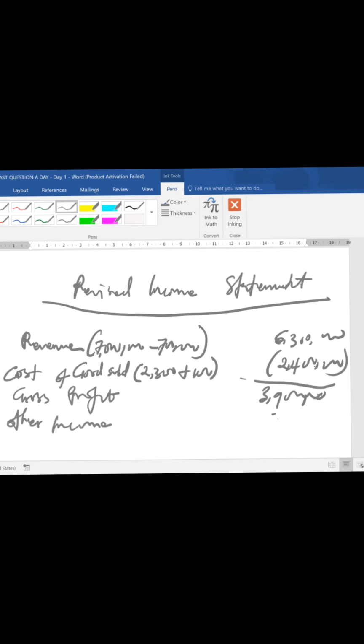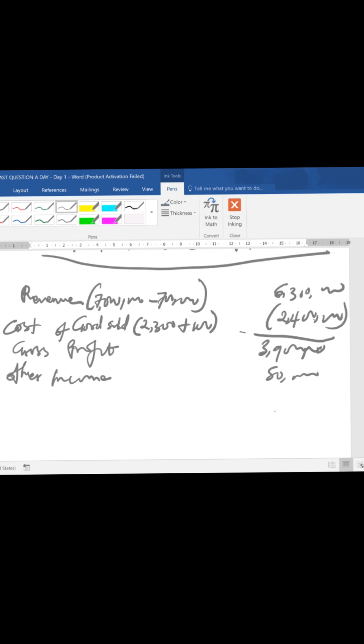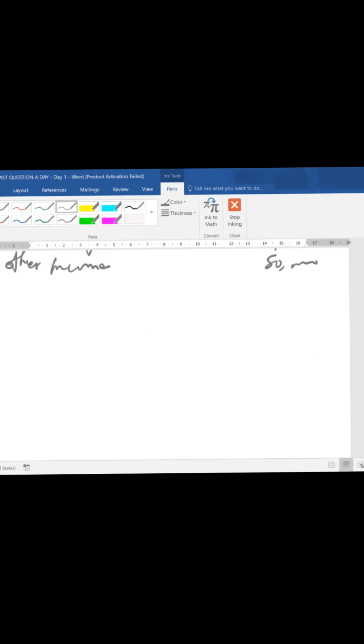which is 50,000. Then we recognize our expenses. So we have salaries, 1150. It's an expense, so let's recognize it as such.